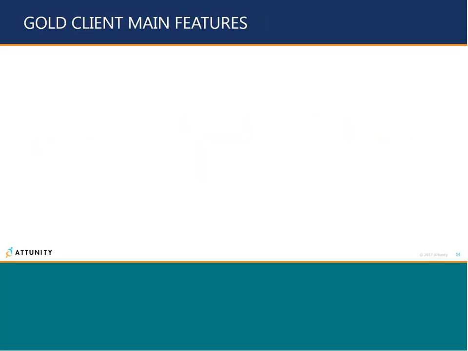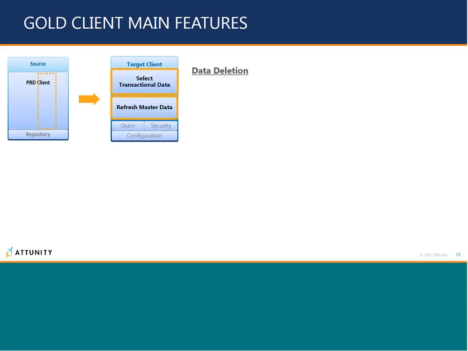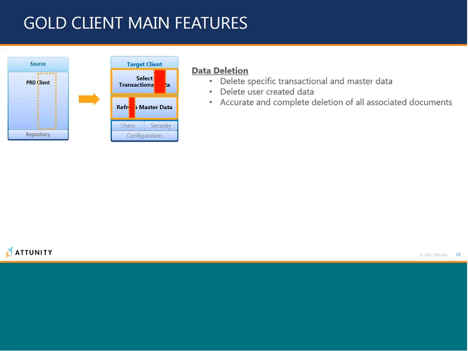Okay, so how do we support GDPR? Well, there are two main tools for doing that. The first one is the ability to delete data, which supports the right to be forgotten. Gold Client has the capability of deleting specific transactional and master data accurately and completely from your non-production systems.